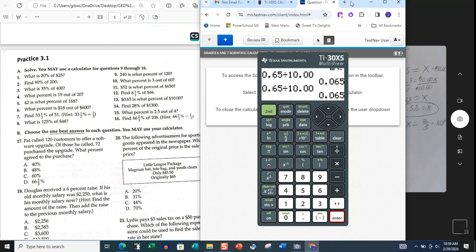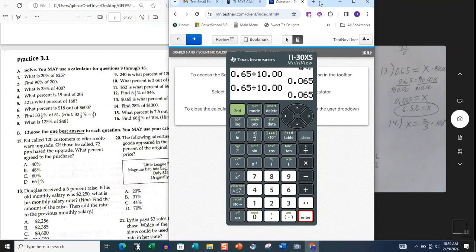Now let me move this back over to give a little bit more space. Okay, so now we will put 2/3 in parentheses. You could go 2 divided by 3, or, wait a minute, I forgot we're using this calculator. You can hit the N over D and press 2, press the down arrow 3, then press the right arrow, and then times 108.